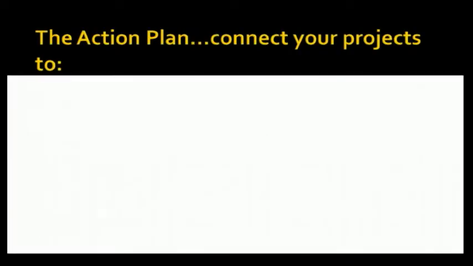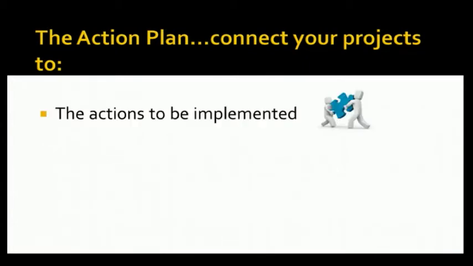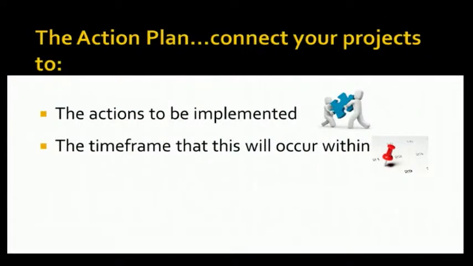This time we're going to now look at the action plan in detail and connecting those projects to the actions that have got to be implemented. It's all very well having great projects and activities, but unless somebody actually takes actions, then of course nothing happens. So we're going to be looking at how to connect those actions in and put a time frame on it.